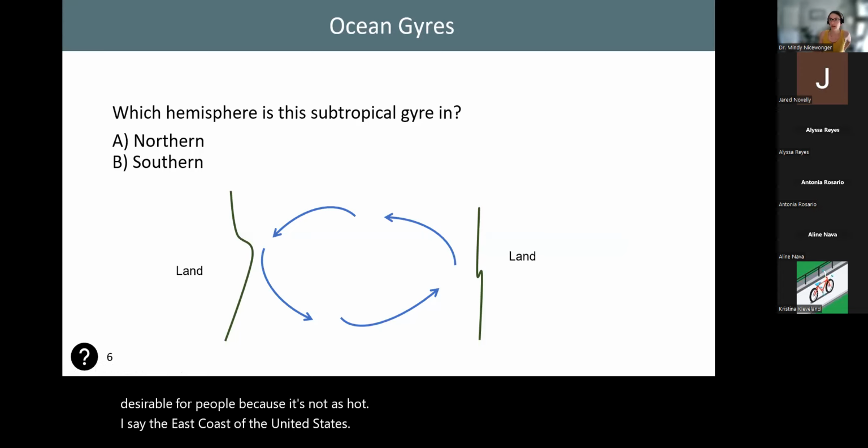Okay, so here is my drawing of a gyre. What hemisphere is this gyre in? Is it going to be in the northern or the southern?